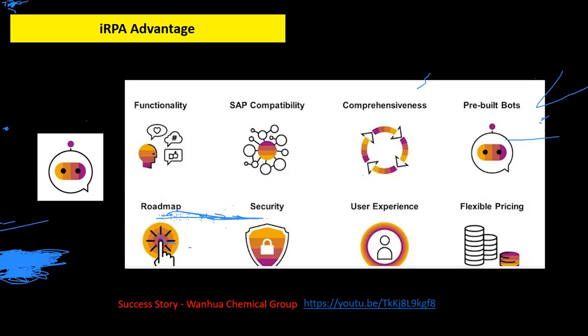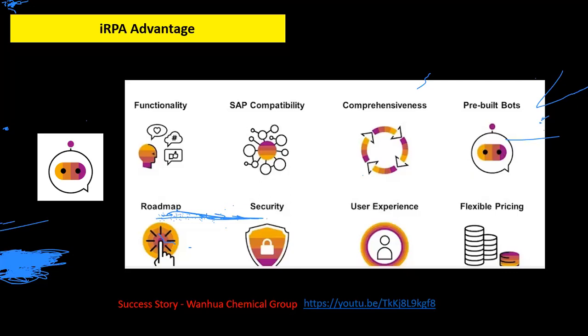If you want to connect to SAP SuccessFactors, Ariba, SAP on-premise S/4HANA, or cloud S/4HANA, you have the best integration mechanism available within iRPA. If you are working with new-age interfaces like SAP UI5 and Fiori applications, you can connect and automate those processes too. So it has tight coupling with SAP applications and products.